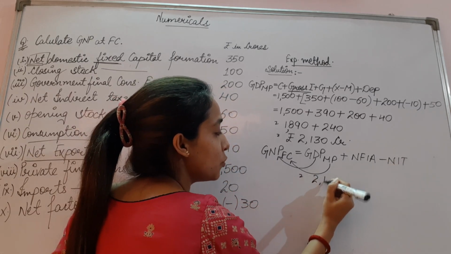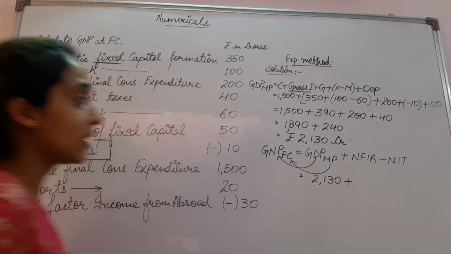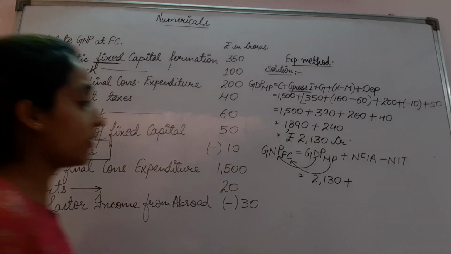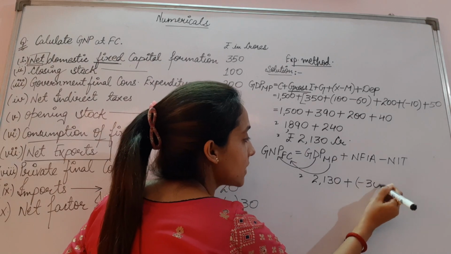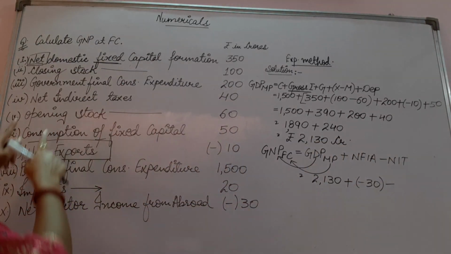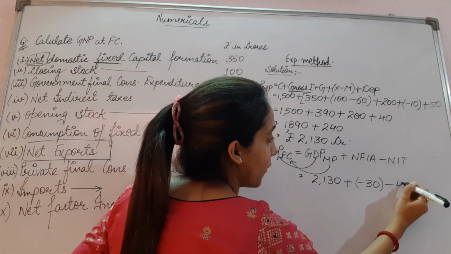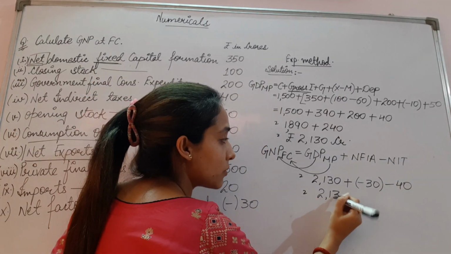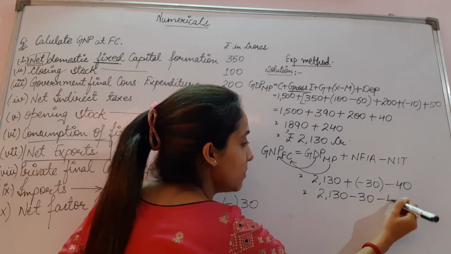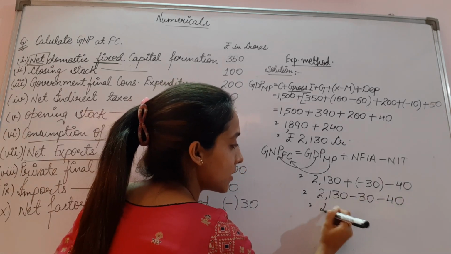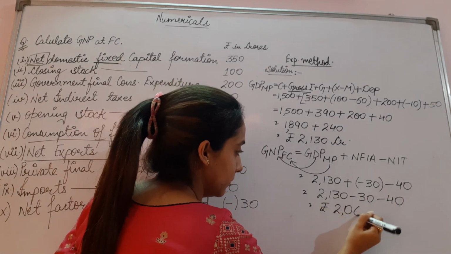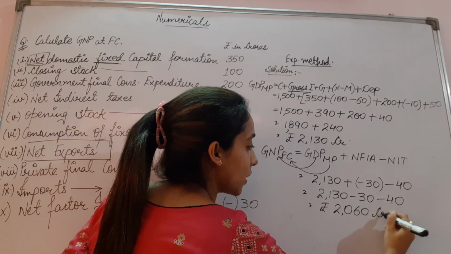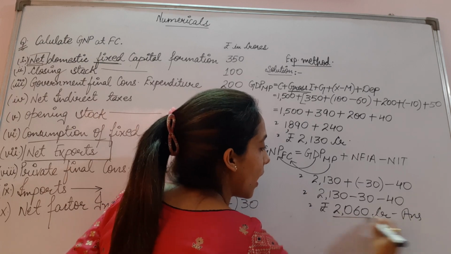It is 2130 plus NFIA, net factor income from abroad, minus 30, minus NIT, it is 40. So 2130 minus 30 minus 40, it is rupees 2060 crore will be the answer.